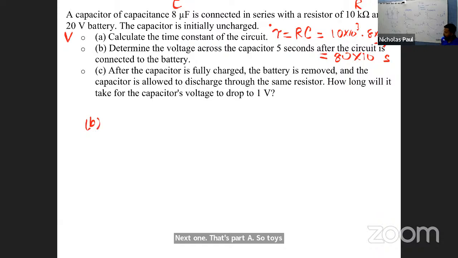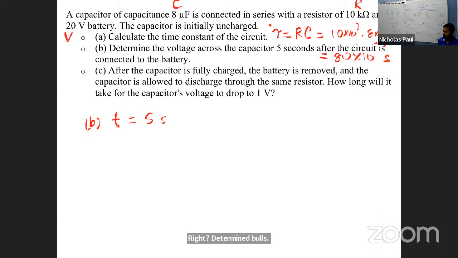Next one. Determine the voltage across the capacitor 5 seconds after the circuit is connected to the battery. Think about it.